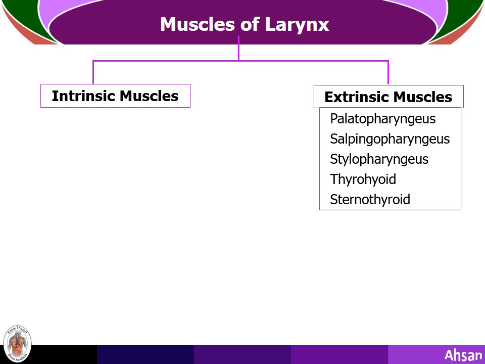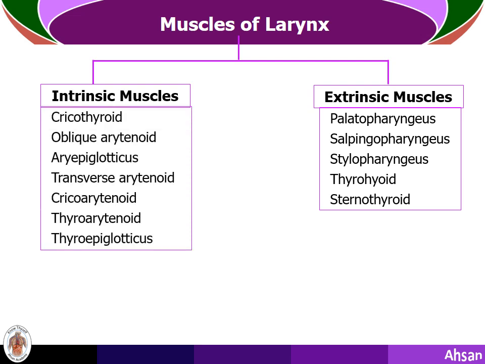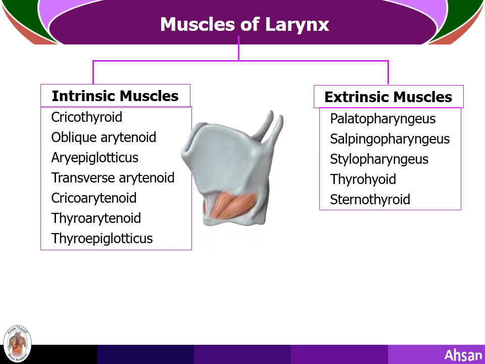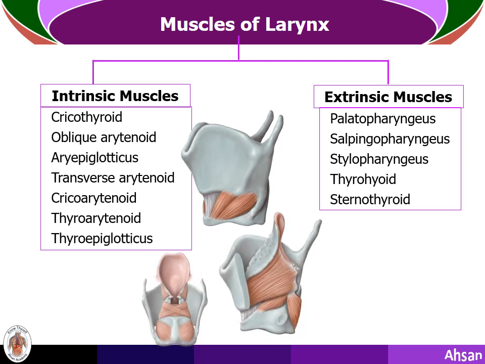Thyrohyoid means this muscle is extending from the hyoid bone to the thyroid cartilage. The intrinsic muscles remain within the wall of the larynx. These are cricothyroid. You can see these photographs. This is the muscle extending from the cricoid cartilage to the thyroid. In the same way, the name indicates the positions, extension from which cartilage to which cartilage.